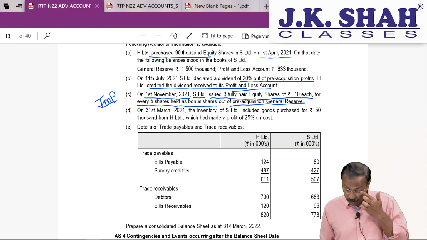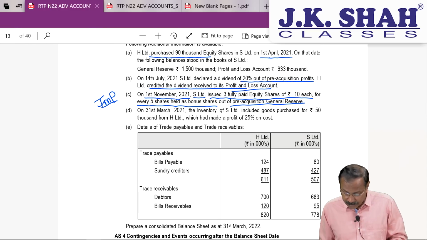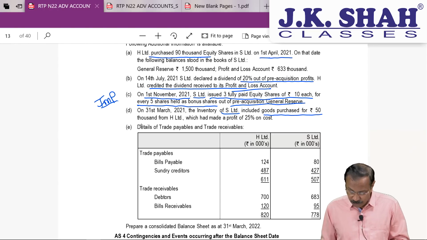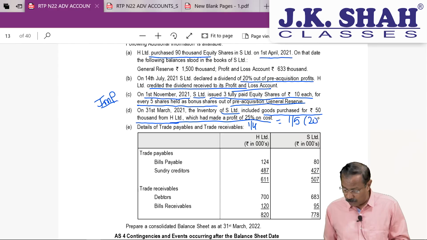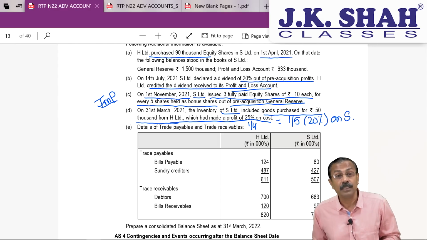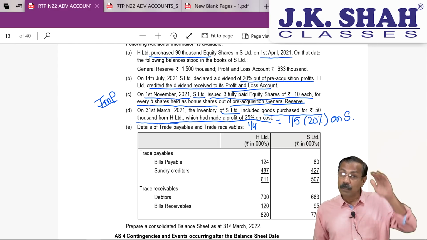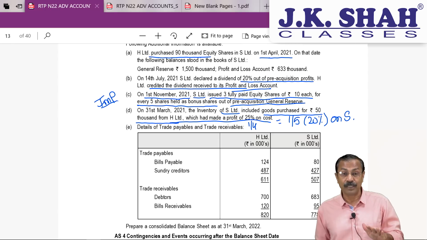On 31st March, the inventory of S Limited included goods purchased for rupees 50,000 from H Limited, which made a profit of 25% on cost. 1/4 on cost is as good as 1/5 or 20% on sales. It's a downstream transaction.